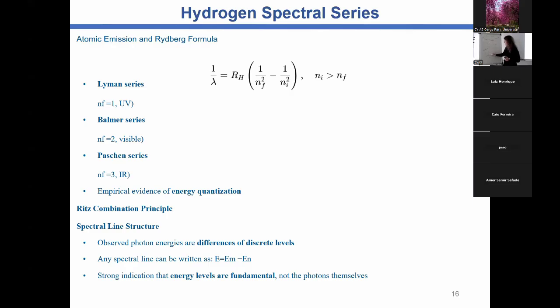So when we have this, we call it the absorption spectra of light.